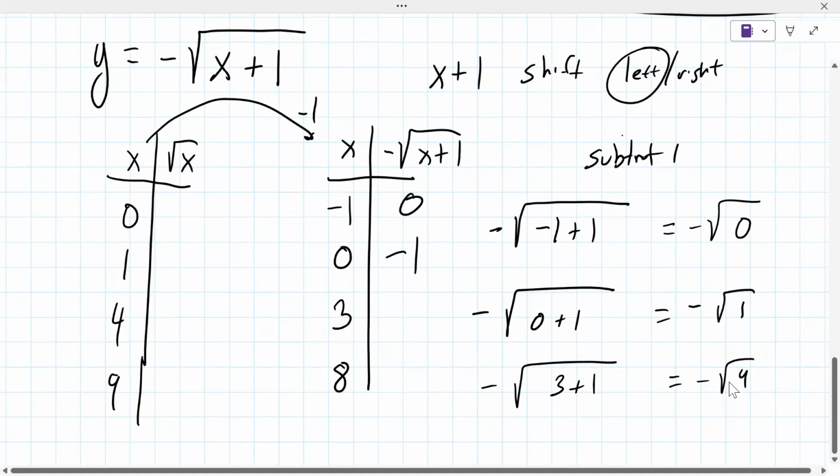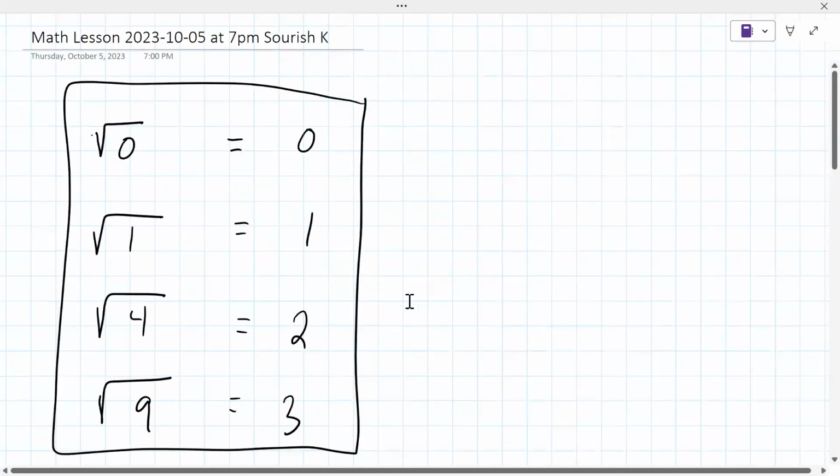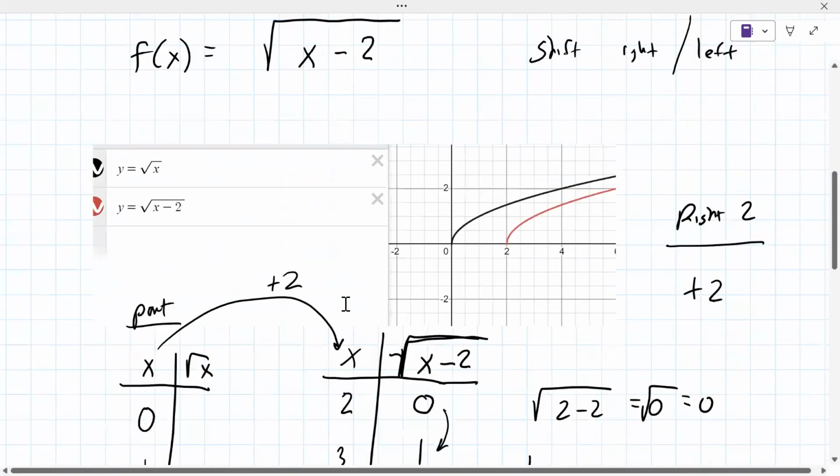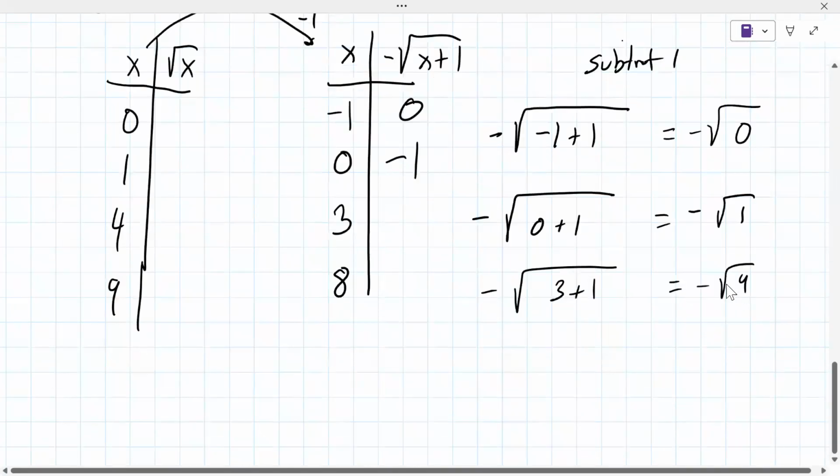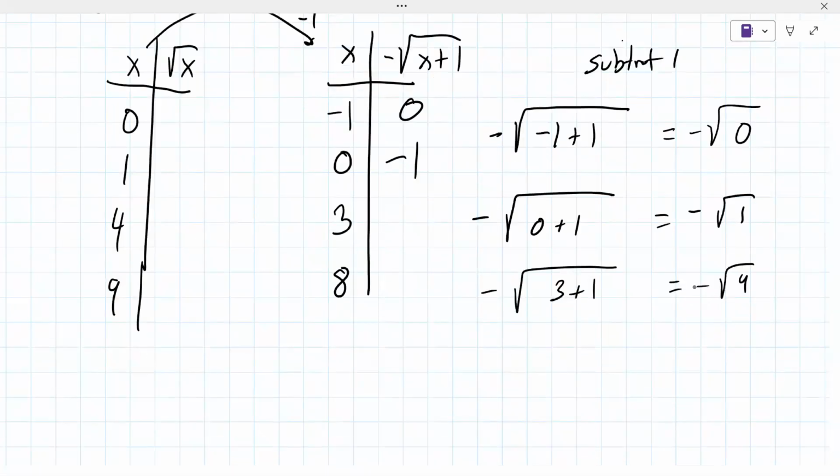Square root of 4, you should be like, oh, that's 2. I saw that earlier. That's 2. Right? So you negate it, -2. Okay.